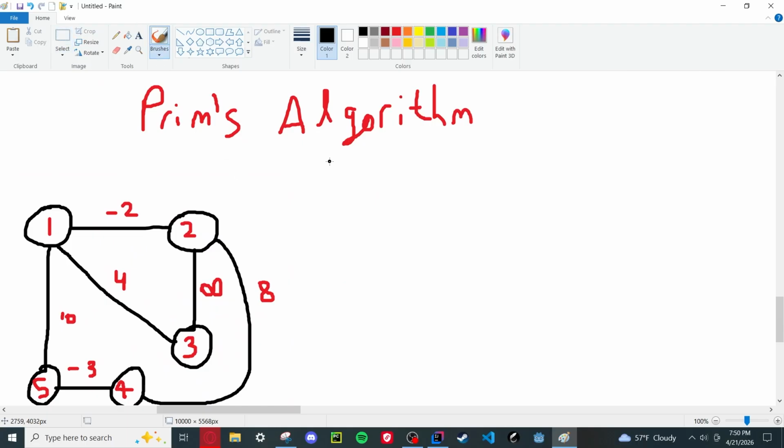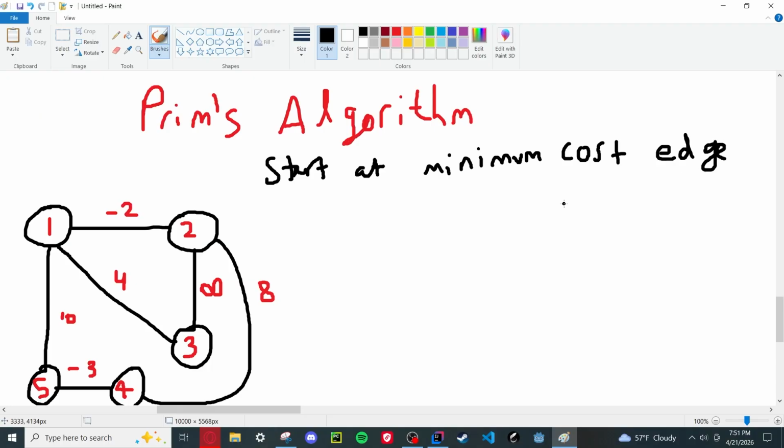Well, Prim thinks, okay, I agree with the idea of going to the minimum. Start at minimum cost edge.